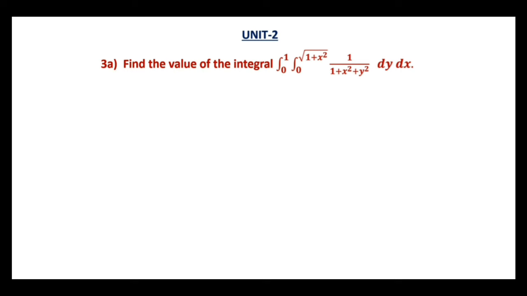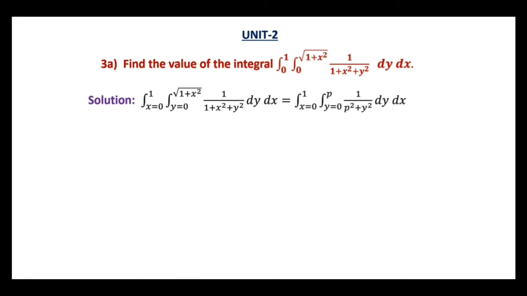Now you can see unit number 2. Find the value of the double integral. Here we have the integral 0 to 1, integral 0 to square root of 1 plus x², where one of the limits is in terms of x.